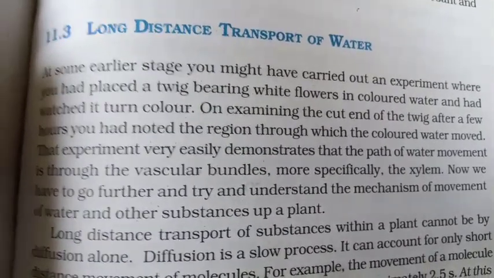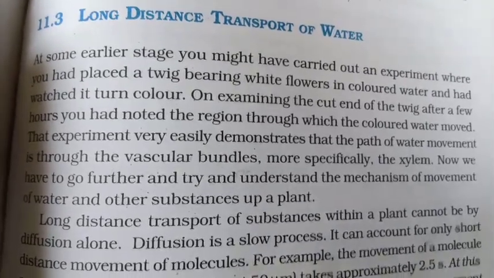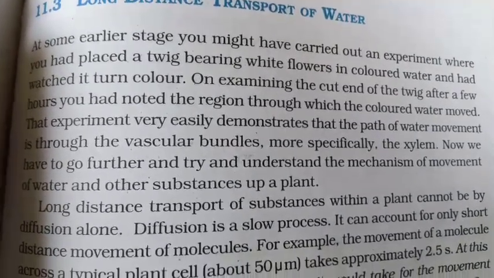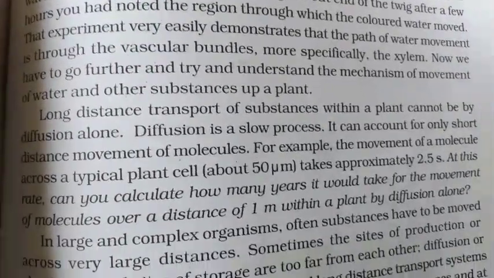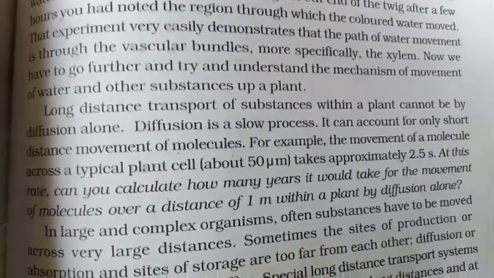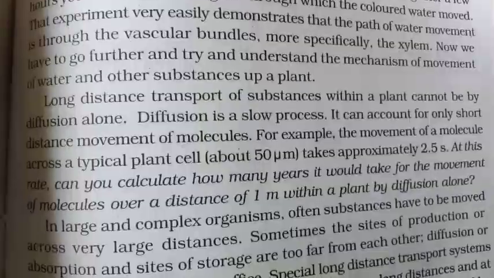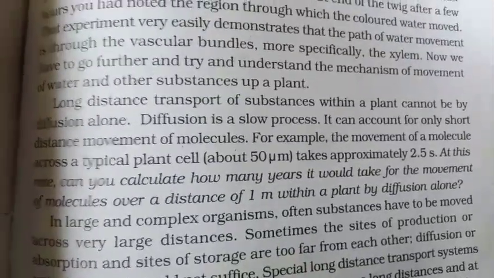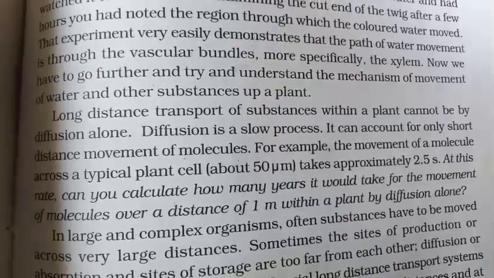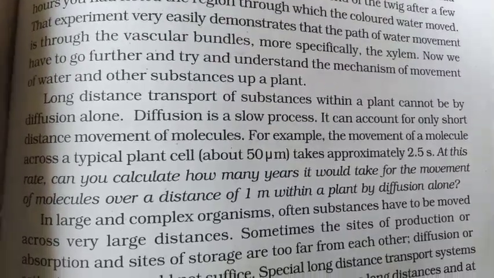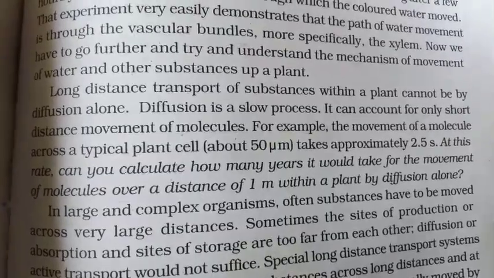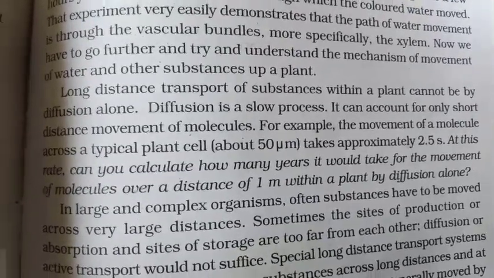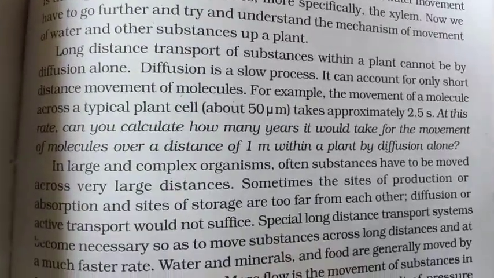Now we have to go further and try to understand the mechanism of the movement of water and other substances in a plant, because long distance transport within a plant cannot be by diffusion alone. Diffusion is a slow process. It can account for only short distance movement of molecules. For example, the movement of a molecule across a typical plant cell, about 50 micrometer, takes approximately 2.5 seconds.